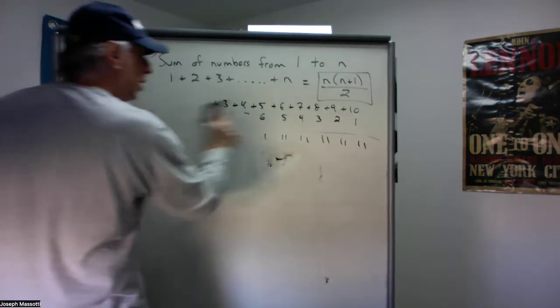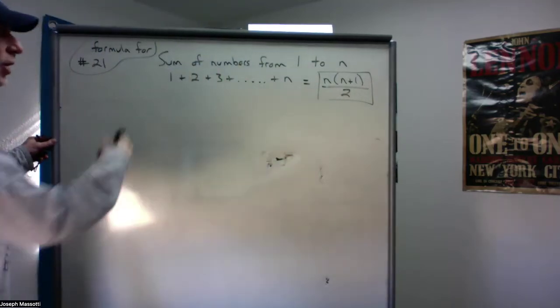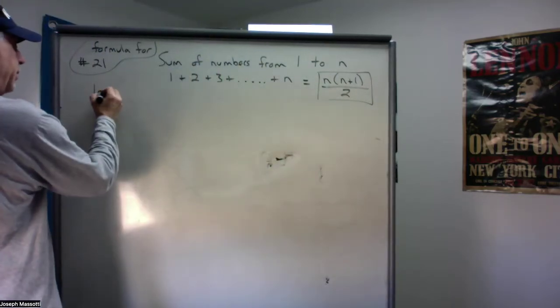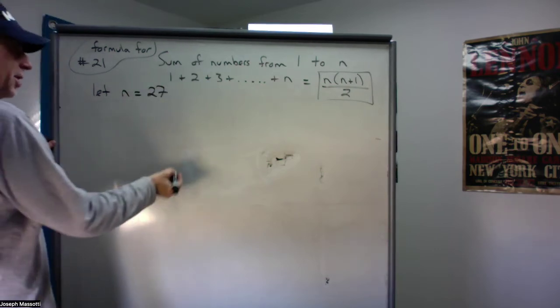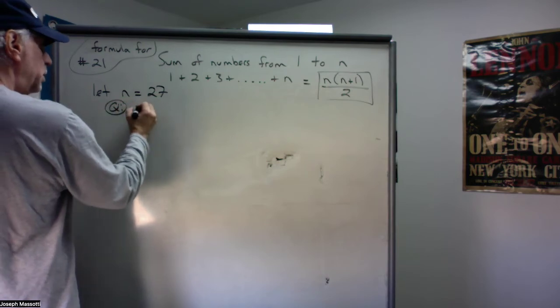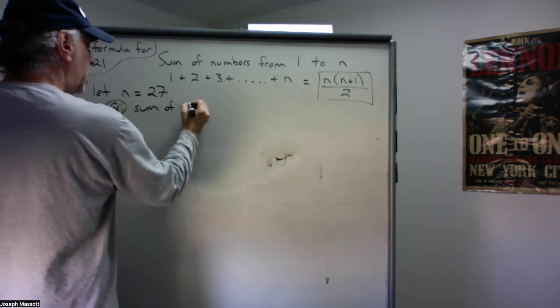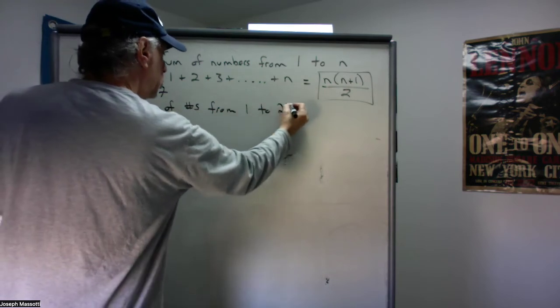So let's just look at a couple examples where it'd be too much to actually write it out. Let's say if we let n equal 27. All right, so what is the sum from 1 to 27? Question, sum of numbers from 1 to 27.